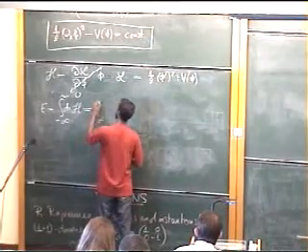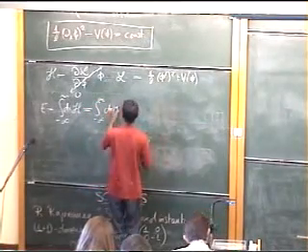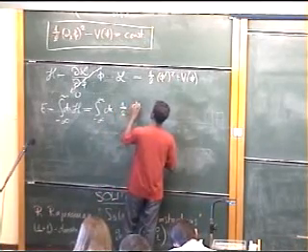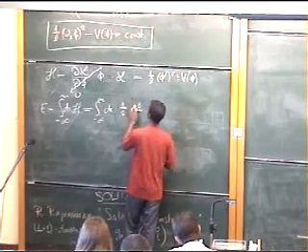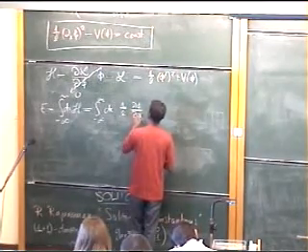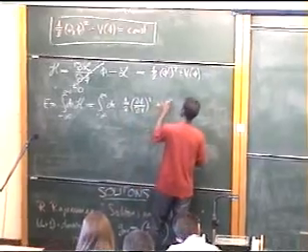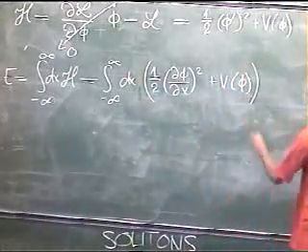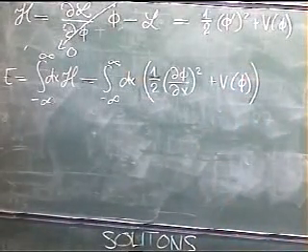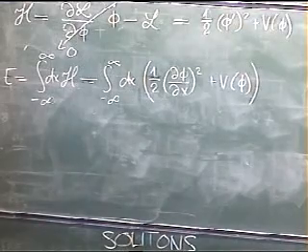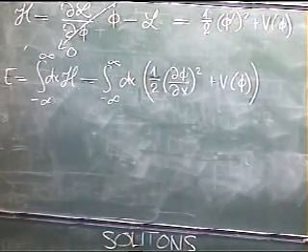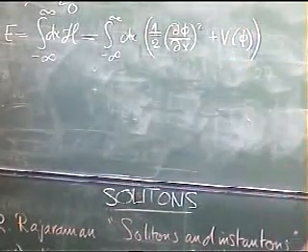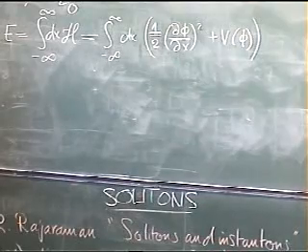So I'm integrating something that looks like this. The integral from minus infinity to infinity dx, a half d phi by dx squared plus V of phi. The only way I can get this energy to be finite is if these quantities here both vanish at infinity. That makes the integral finite.